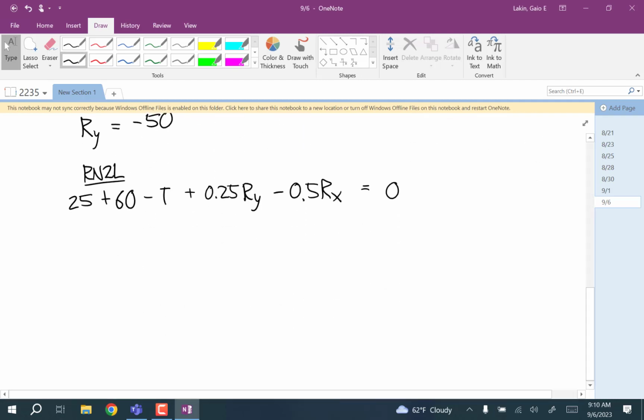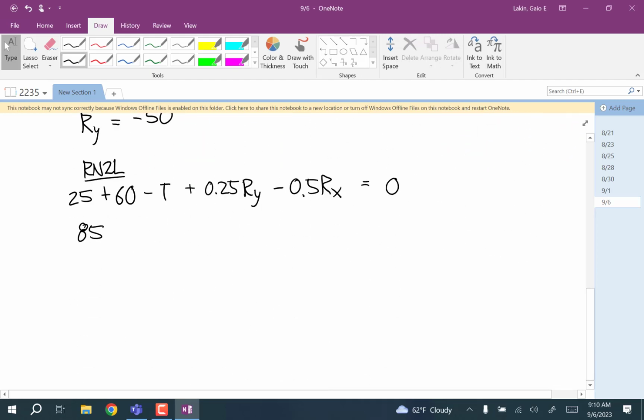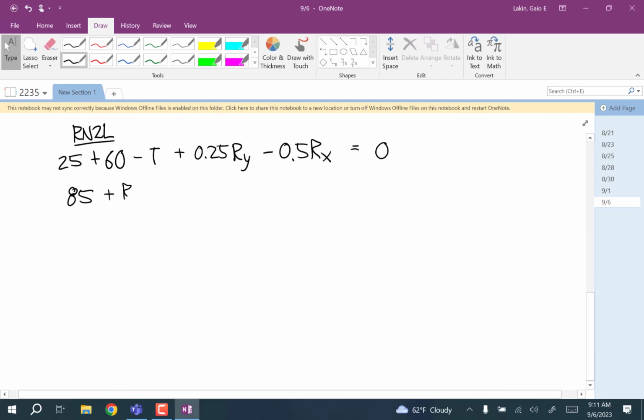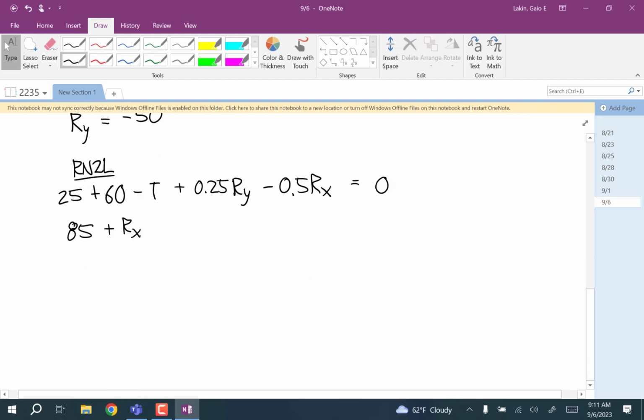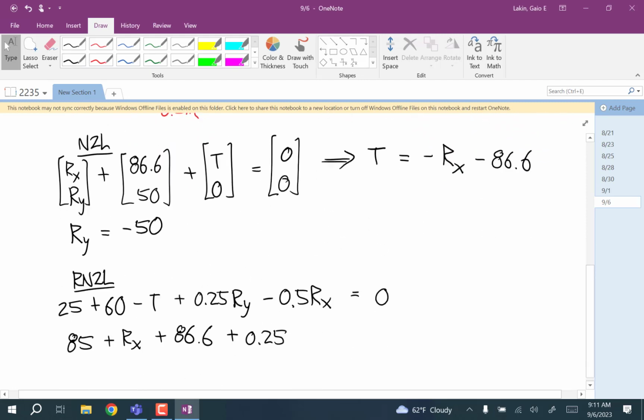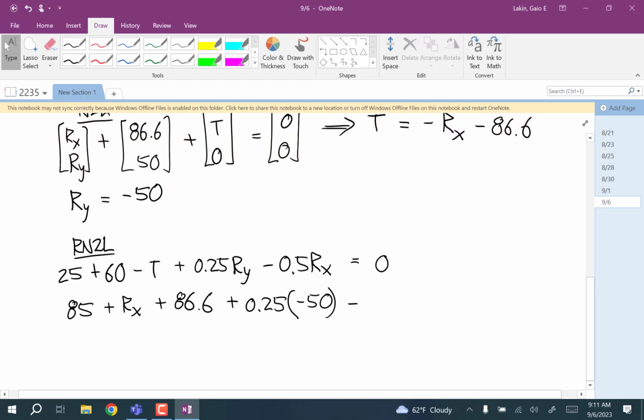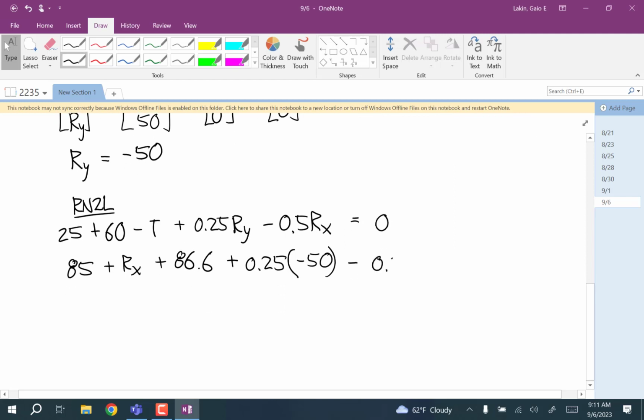And so we have 25 minus T, so that's plus Rx plus 86.6 plus 0.25 Ry. We already know Ry is negative 50. Yep, minus 0.5 Rx is equal to 0.